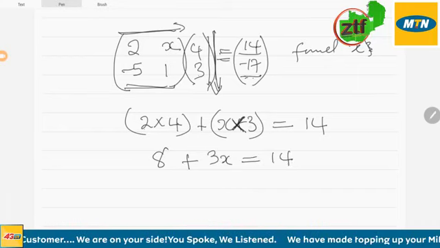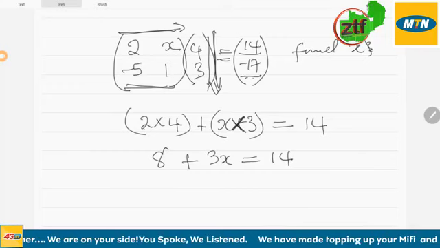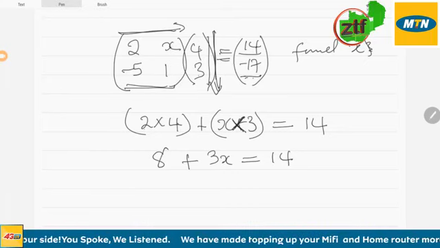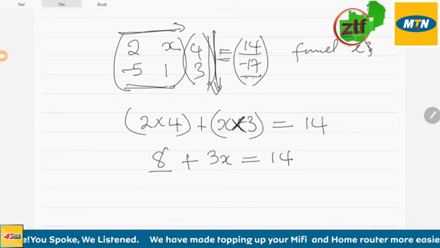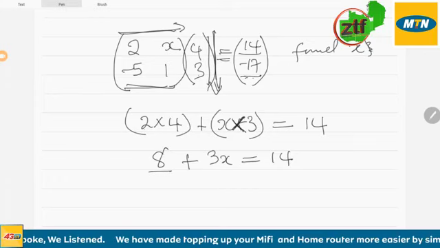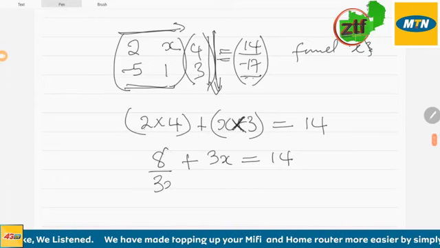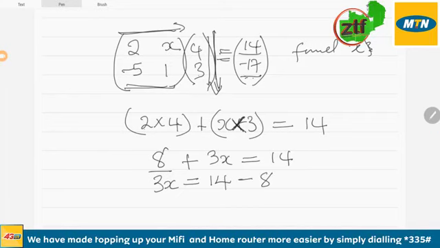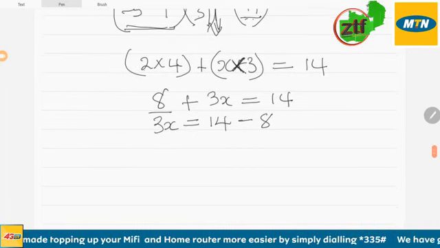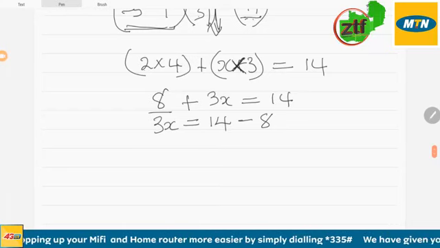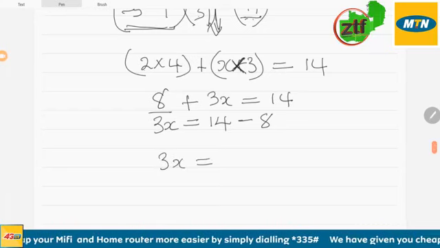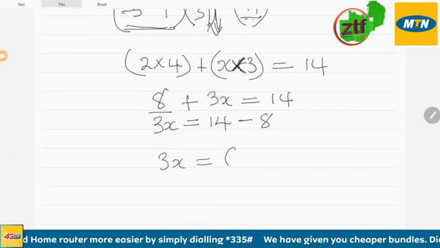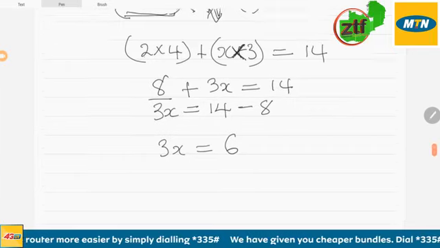Now we have obtained a simple mathematical equation, which is a linear equation which we can solve without problems. So we are going to transpose this 8 to the other side. So we have 3x equals 14 minus 8, which gives 3x equals 6.